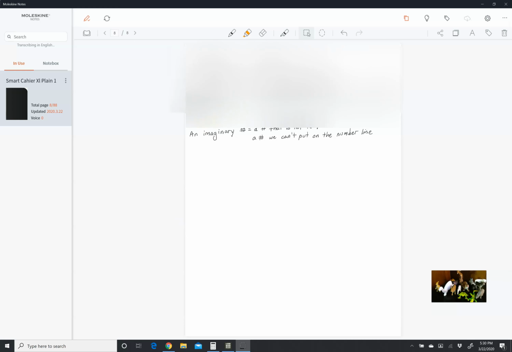But the most typical way that we like to define this, so I'll put this in a different color, and this is the one that we use most frequently, is it is the square root of a negative number.